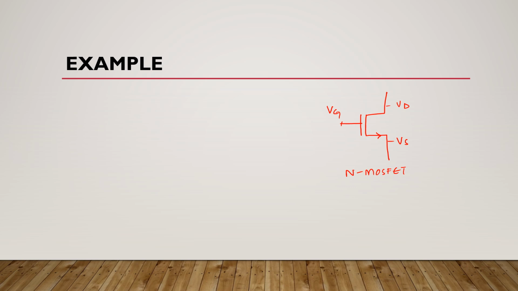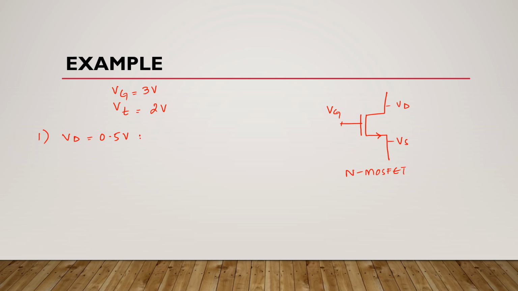Suppose this gate voltage is 3 volts and threshold voltage is 2 volts. Now if the drain voltage is 0.5 volts, then what is the mode of operation of the transistor here?